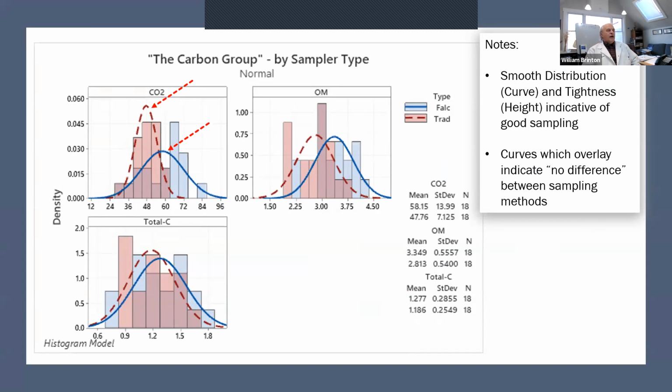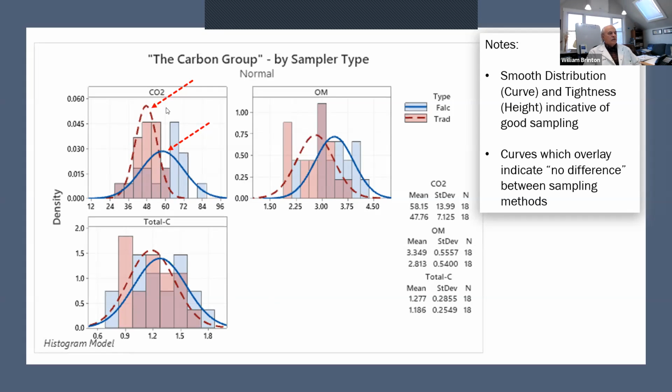This is a graph showing the distribution of three forms of measuring carbon: CO2 respiration, total organic matter by combustion, and total carbon. And the colors here are the Falcon versus the traditional sampler. We threw the distribution plots on just to show you how close we're getting.